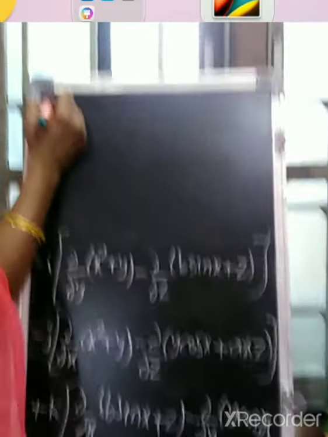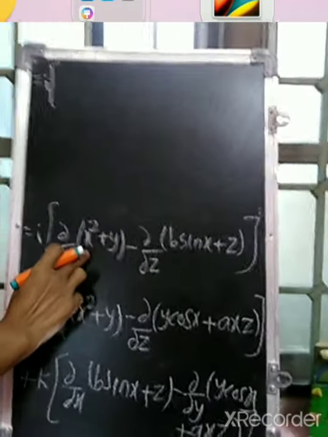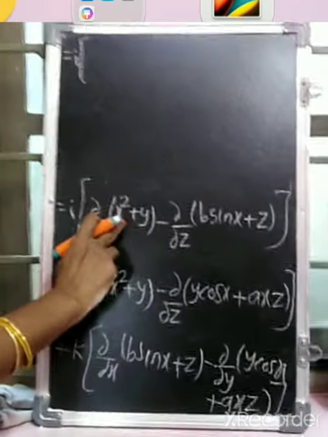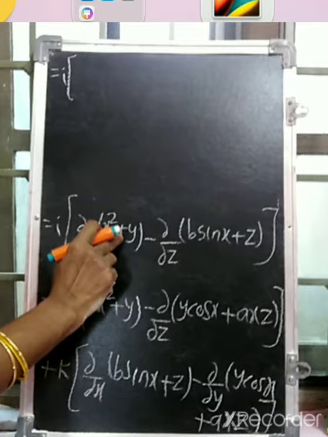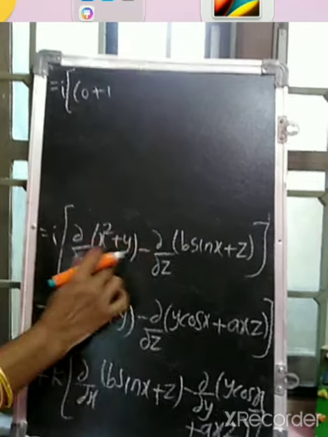We also know the differentiation, so I can directly write. Dou by dou y of x square plus y: that is 0 plus 1.